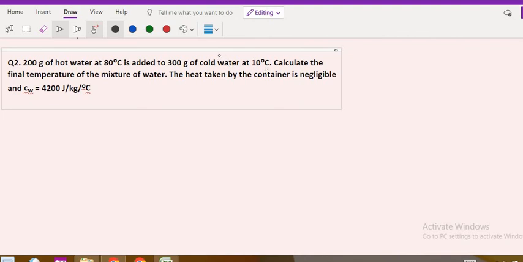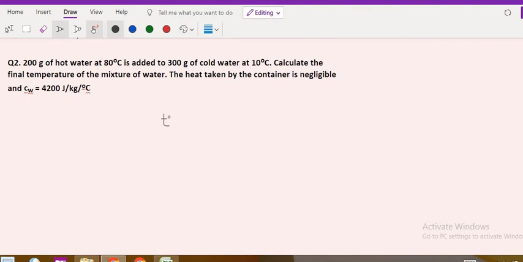Now according to our principle of mixture, the heat lost by the water at 80 degrees Celsius would be equal to the heat gained by the cold water at 10 degrees Celsius. What we have to find in this question is the common temperature, that is, the final temperature of the mixture. So let me assume that the final temperature of the mixture is small t.